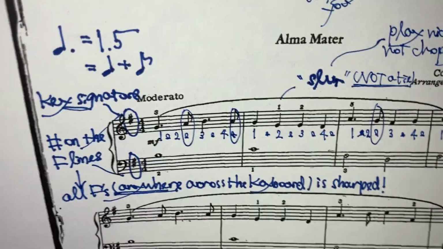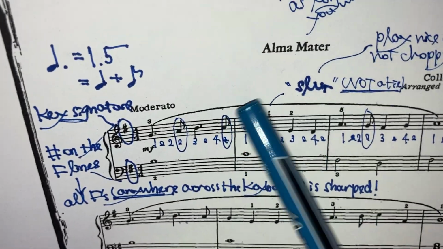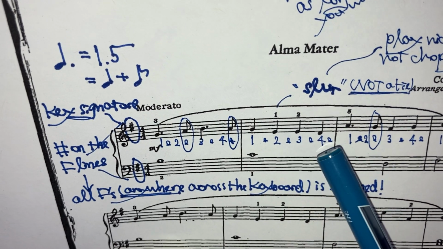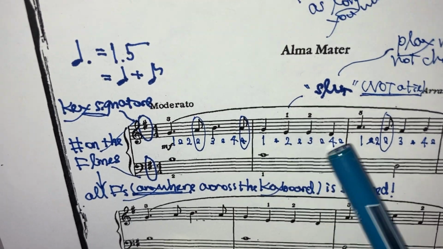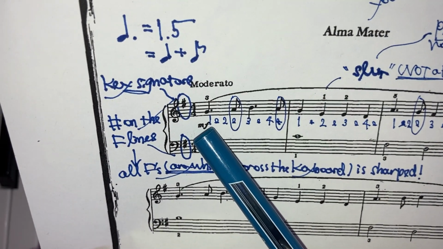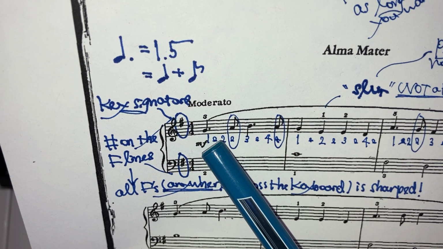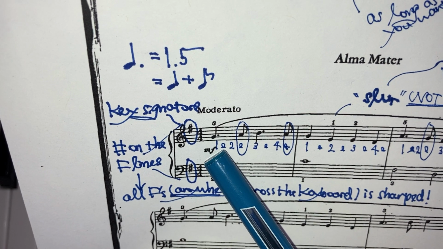Okay, so let's look at this closely. This is more of a normal measure. 1 and 2 and 3 and 4 and, 4 quarter notes straight through would just come on each number. Now, this is a dotted quarter note. So this will last for 1.5.